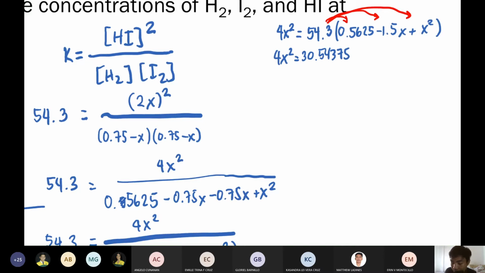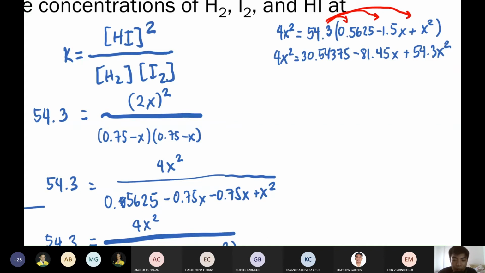Yung 1.5, so 54.3 times negative 1.5, that will be negative 81.45. And then lastly, we have 54.3x squared.